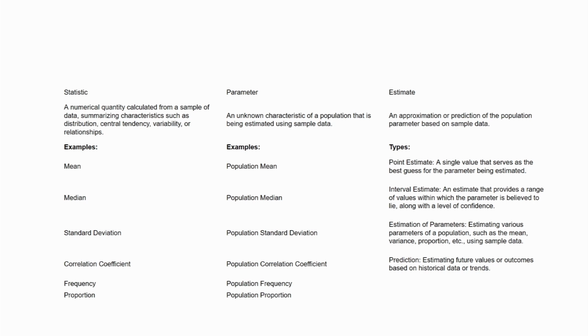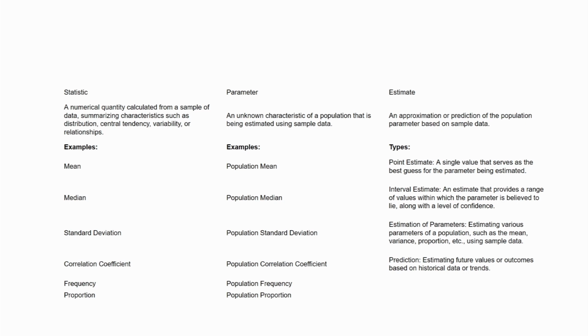However, if you go by books and statistical research, parameter is about the population. Population mean, population median, population standard deviation, population frequency, everything about the population, that is a parameter. P for population, P for parameter. Though parameter has a different definition in decision-making science, when we say parameter of a population, it is this.